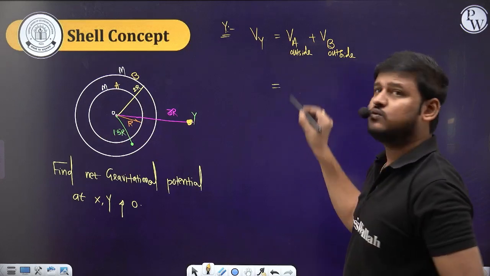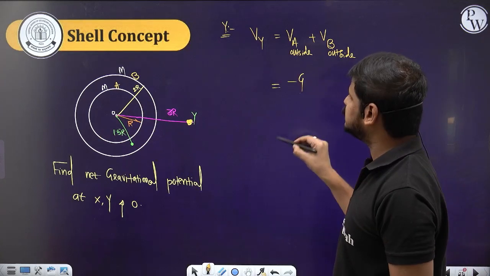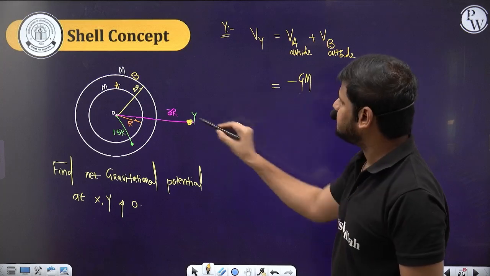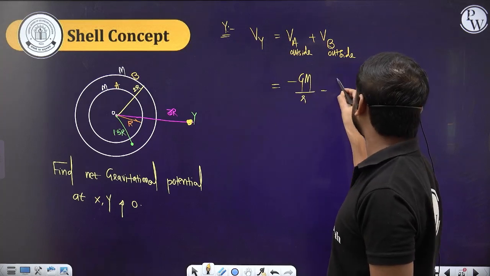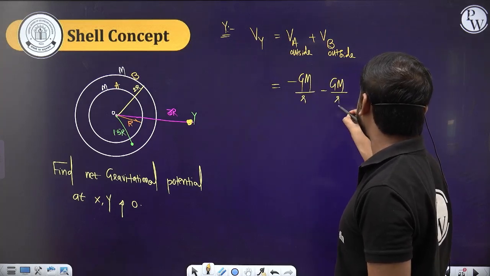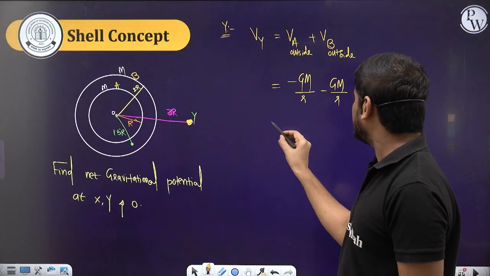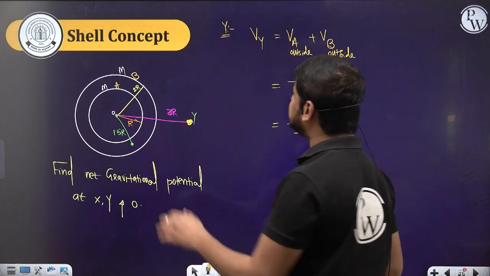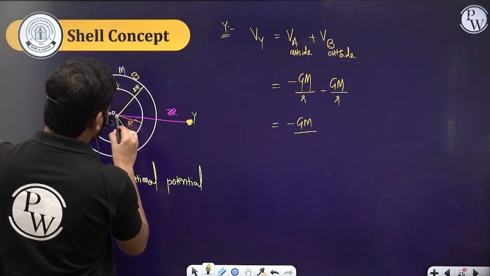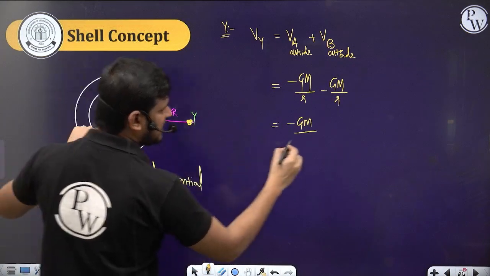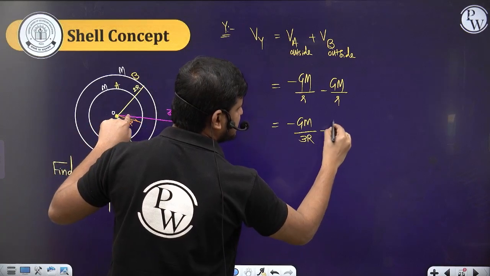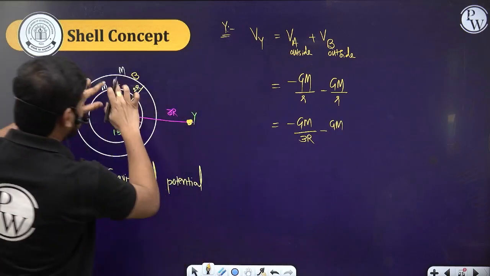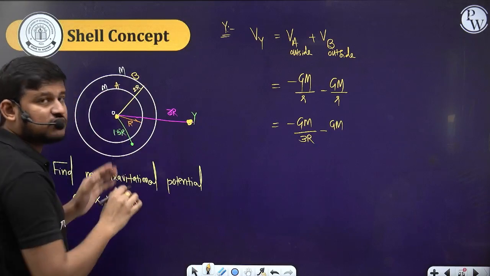So for outside, what's the formula we know? Minus G m by r. So here also minus G m by r. Now what is this distance? Small r, from the center of each shell to this point, the distance is 3r. From the B shell center, their center is the same, so it's a concentric shell.